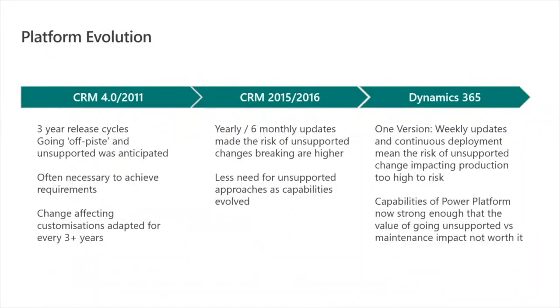So with Dynamics 365 version 9, we moved to one version, and in fact, our entire customer base worldwide today runs on a single version. And we have got into the continuous deployment model where we do releases every week now. So there is no big upgrade that you need to go through. There is continuous deployment of updates.